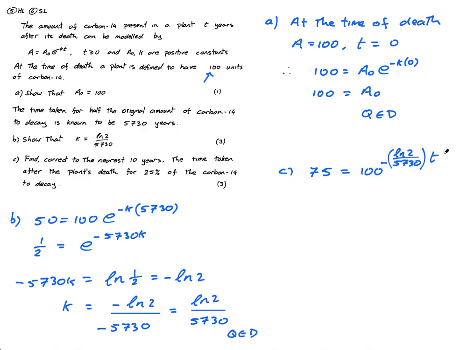Okay, hang on, I thought that looked a bit strange. I forgot my e. It's e to the power of this. Okay, so let me get out my calculator. I'm just going to solve this straight away with my calculator. I'm going to write t equals, and I'm going to give the answer.